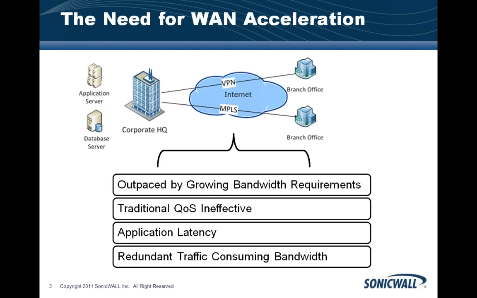That could be for one of two reasons. Either a cost justification is not there to increase the capability or speed, or a second could be a physical limitation to the actual circuit going into that remote or branch office, meaning that the telco or the service provider may not be able to physically improve the current bandwidth that's available there.